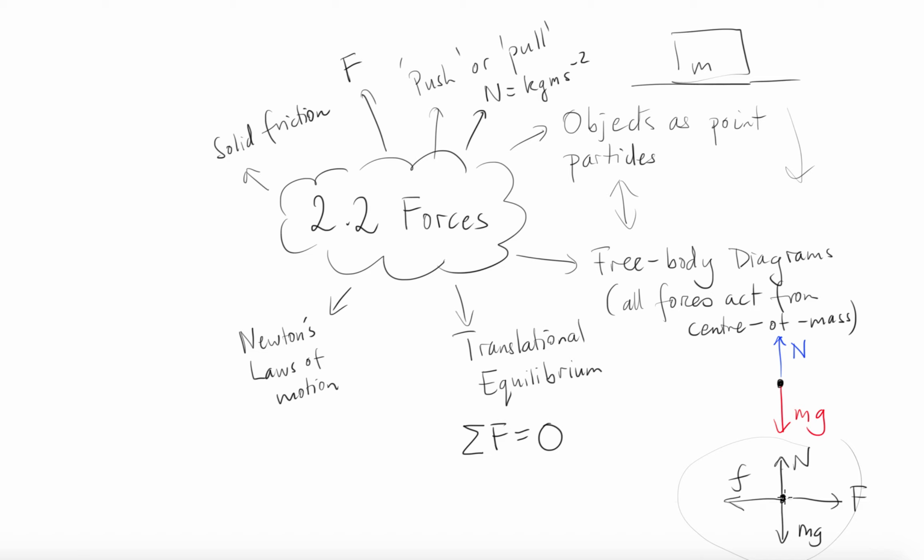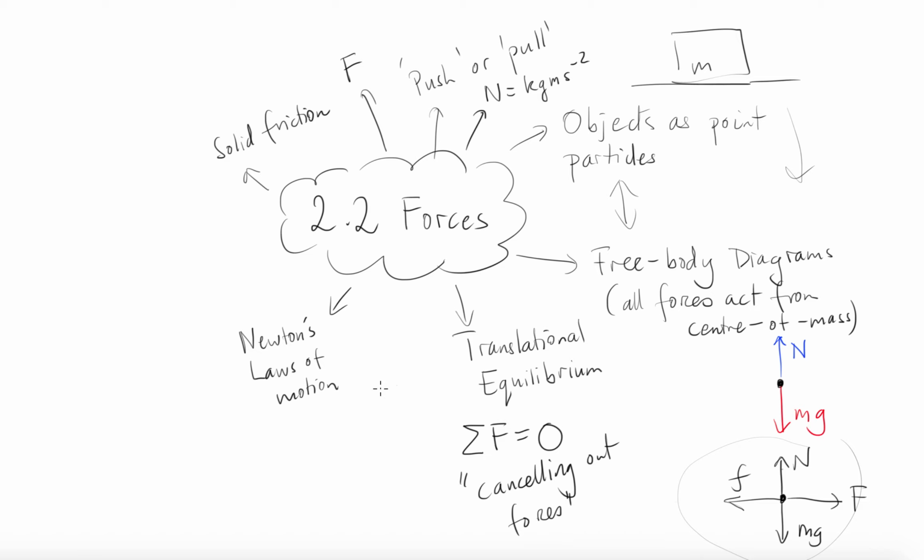So if the force n upwards cancels with the force mg downwards, we have translational equilibrium in the y direction. Basically, it's the cancelling out of forces.